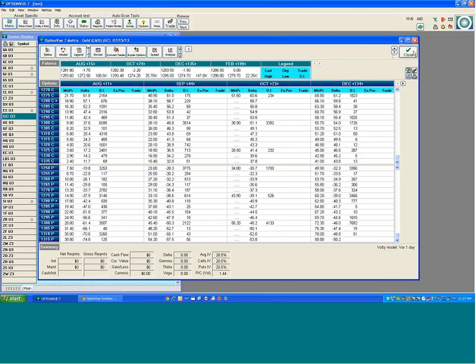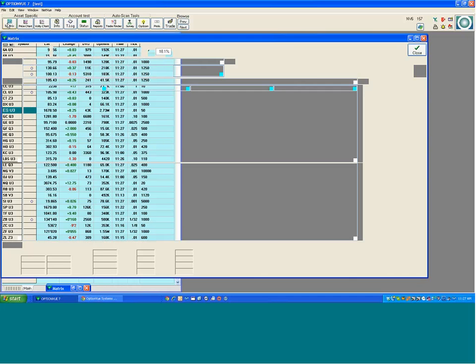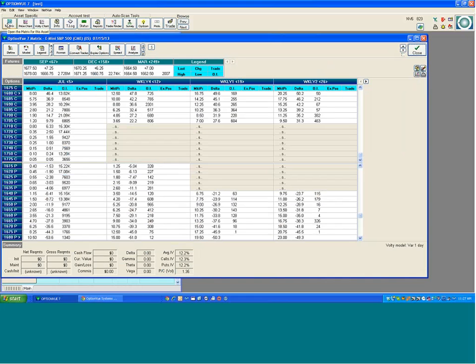Let's switch to a different market. Let's go to the E-mini S&P. And I'm going to show you another strategy that is a viable candidate for modifications with adjustments, namely a strangle swap.